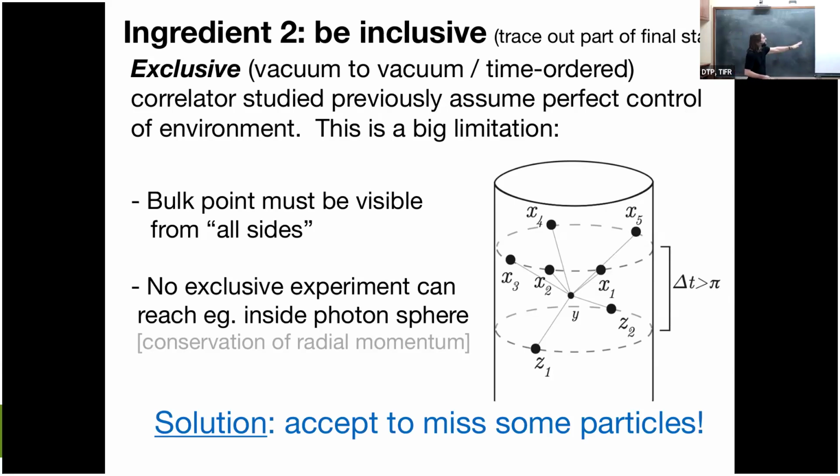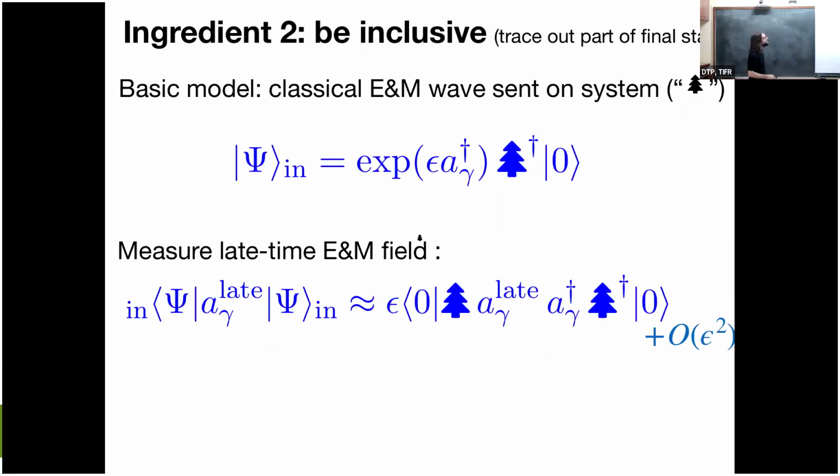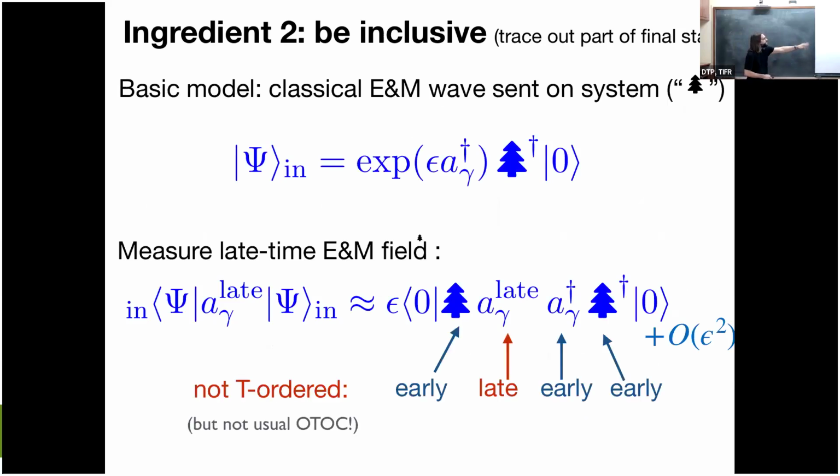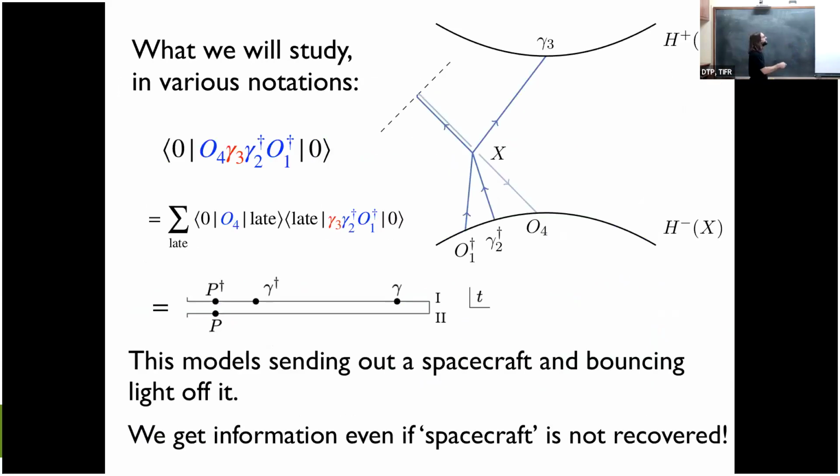Basically we added this idea, and this idea eventually means that you have to consider certain functions that are not time ordered. The basic picture is exactly the experiment I described at the beginning. You send in two particles, they scatter, and then one of them you recover, and the other you just overlap with something you add in the initial state.